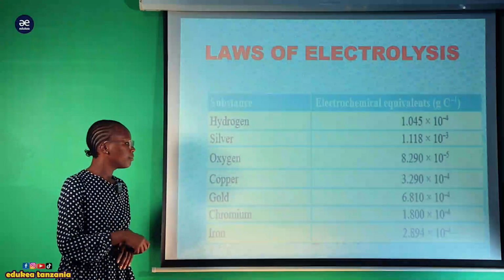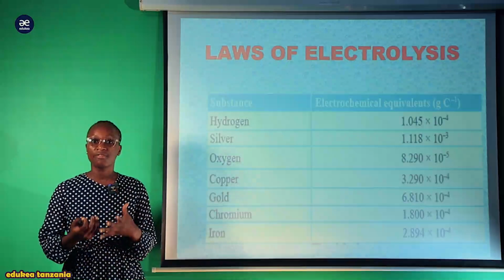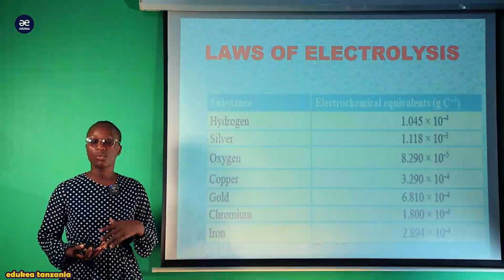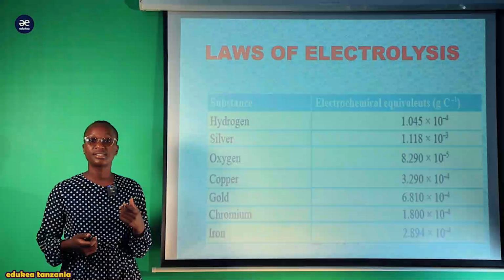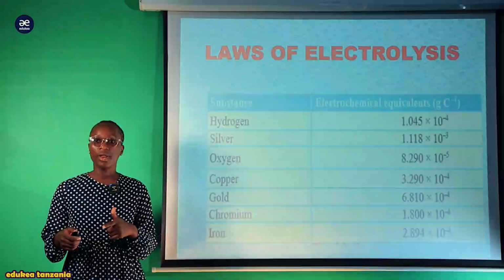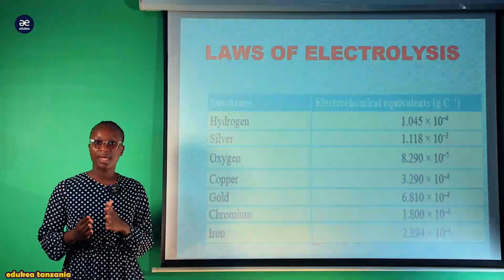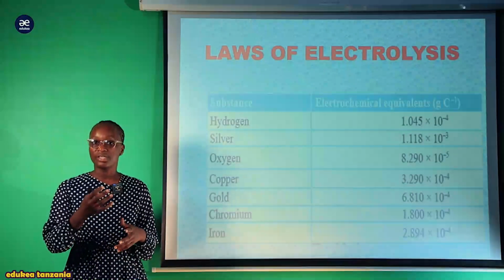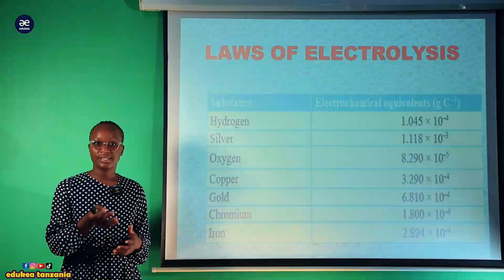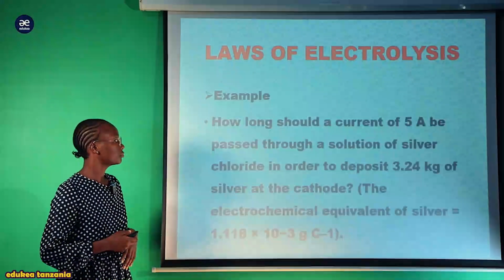So these are some of them. Wakati unafanya trial, unafanya exercising, utakuwa unatafuta electrochemical equivalent ya certain substance, for instance copper or silver, utakuja kuona kwamba okay, finally utakuja kupata hii data. Na kama itakuwa imetofautiana kidogo, itatokana na experimental errors ambazo zimetokea wakati una measure data zako.